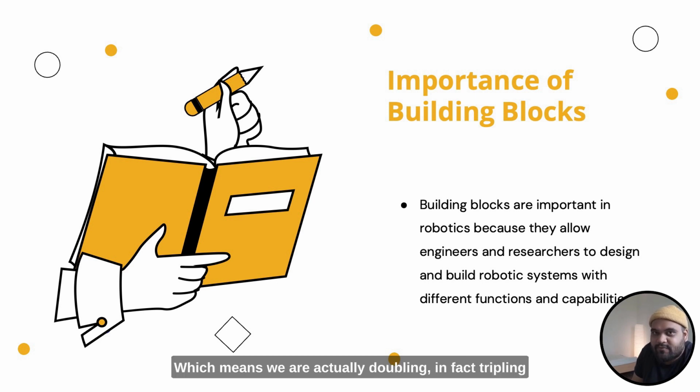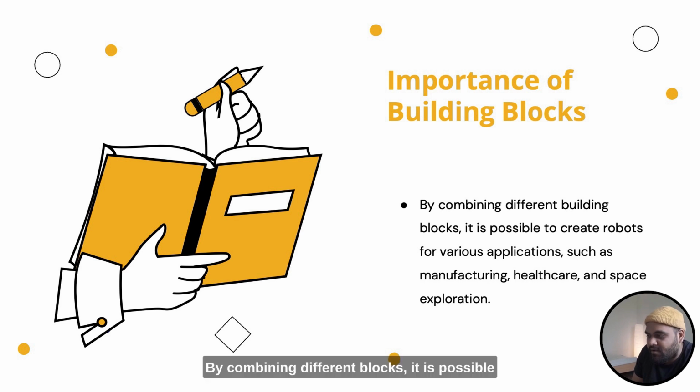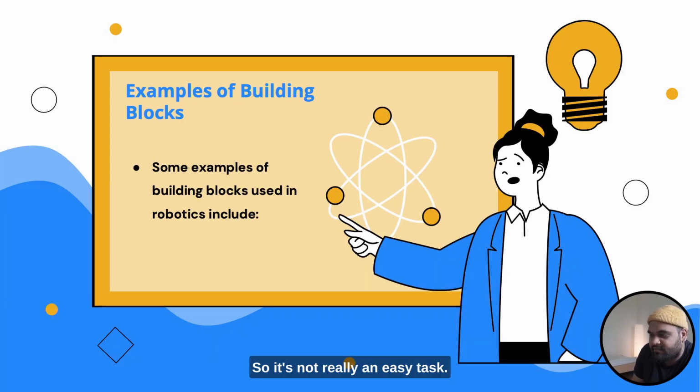So we are actually doubling, in fact tripling, the number of components, which makes this robot a very gigantic system on its own. By combining different blocks, it is possible to create robots for various applications such as manufacturing, healthcare, and space exploration. Of course, these are not easy. They require a lot of planning, a lot of thinking, and different use case planning. It's a huge number of steps, so it's not really an easy task.